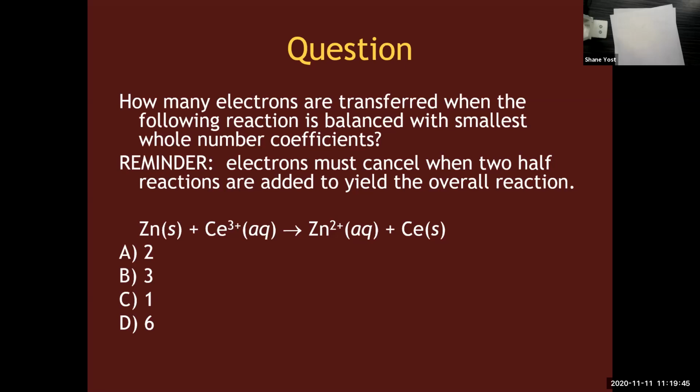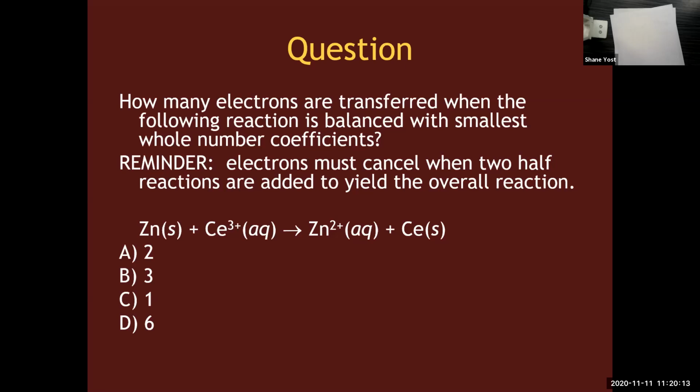And if I balance that to where I have an equal number of electrons being produced and consumed, but I'm leaving things in whole numbers, I don't want fractions of electrons, then I need the lowest multiplicative factor, or something like that, I forget what it's called. 6.